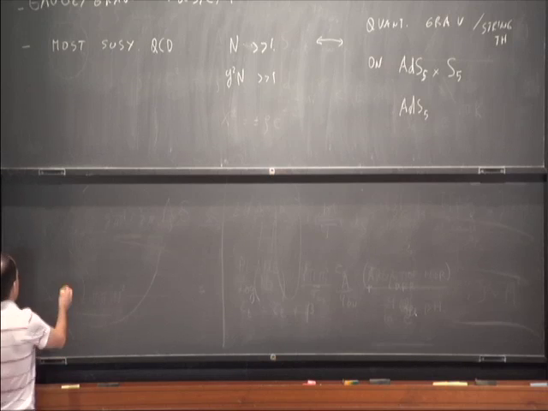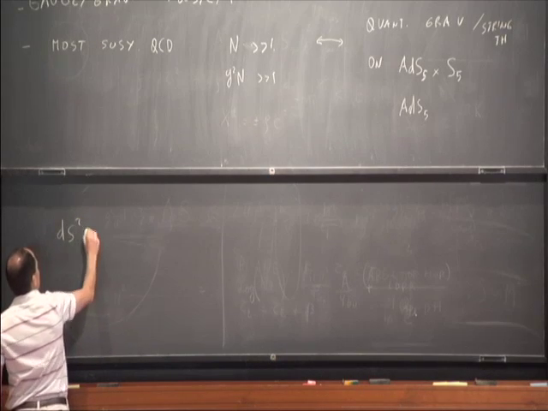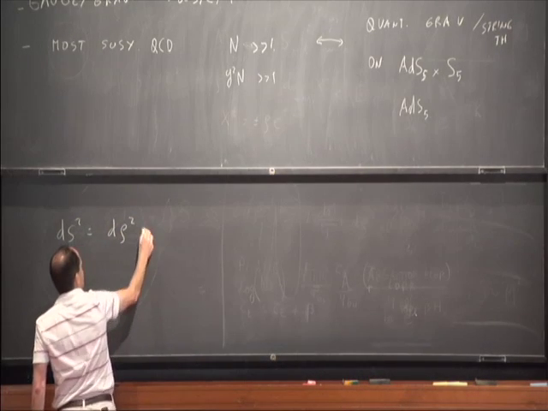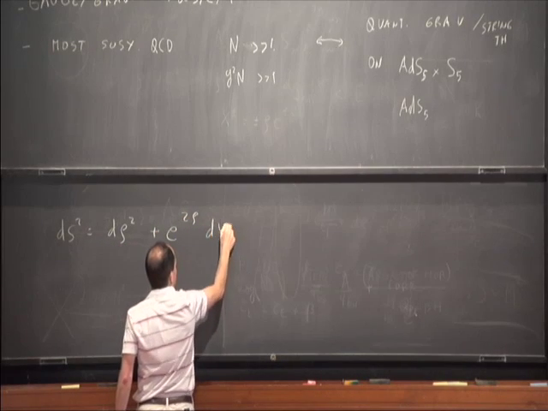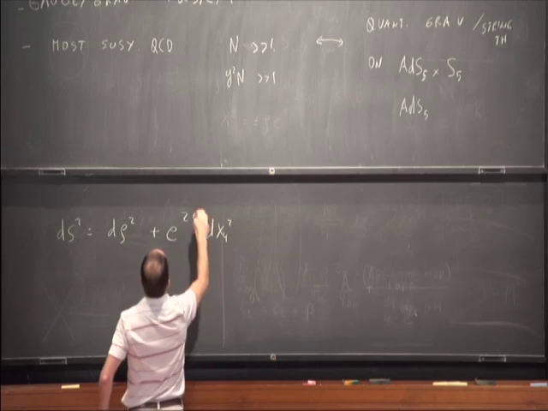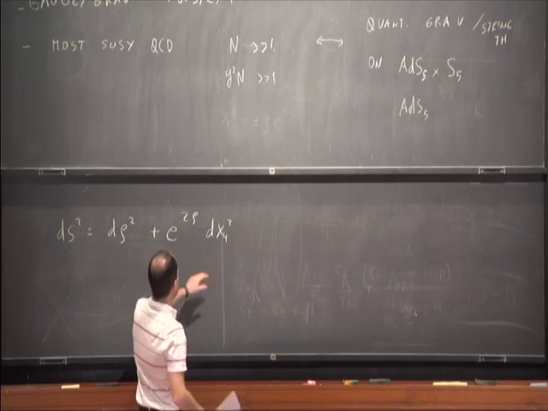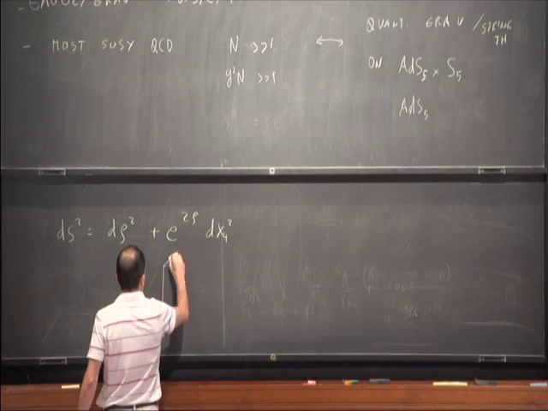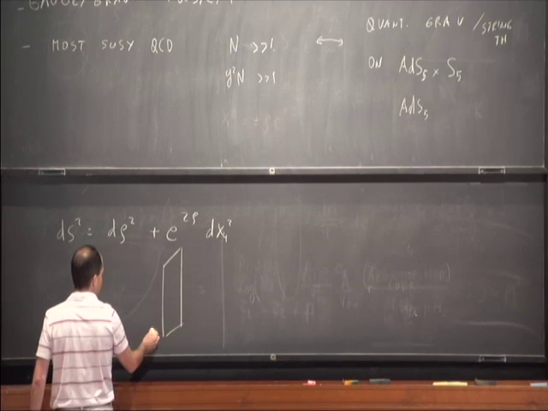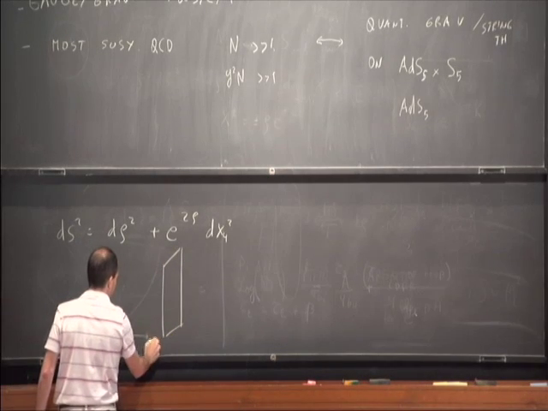So what is AdS5? It is some space which has the 4 space-time dimensions we started from. These are the 4 space-time dimensions where the field theory lives, and it has 1 extra dimension. We have this extra dimension rho.